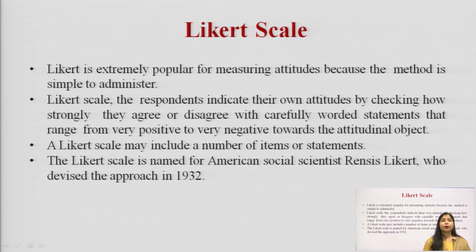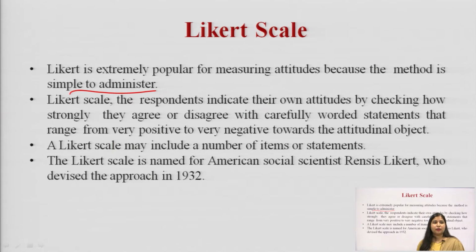Why is it so popular, why are researchers using it the most? Because it is very simple to administer, means you can easily make the Likert scale and prepare the questionnaire using it. It is very easy, that is why researchers prefer the Likert scale most of the time.